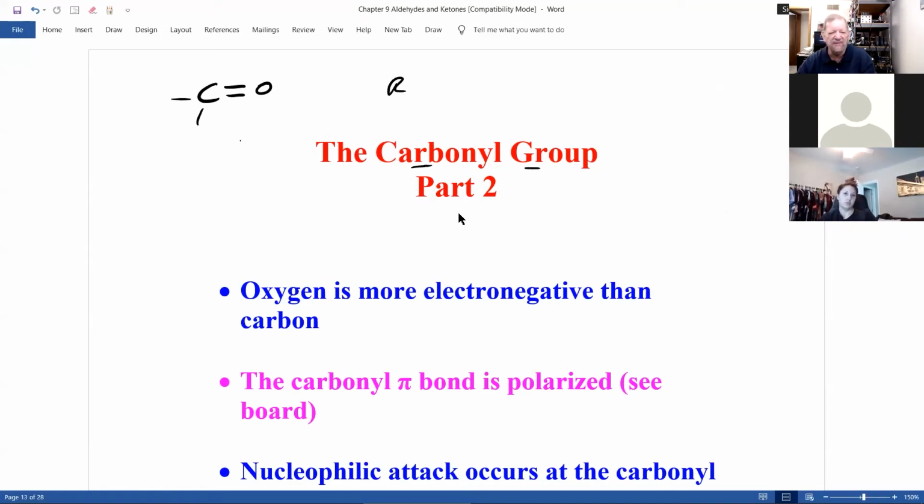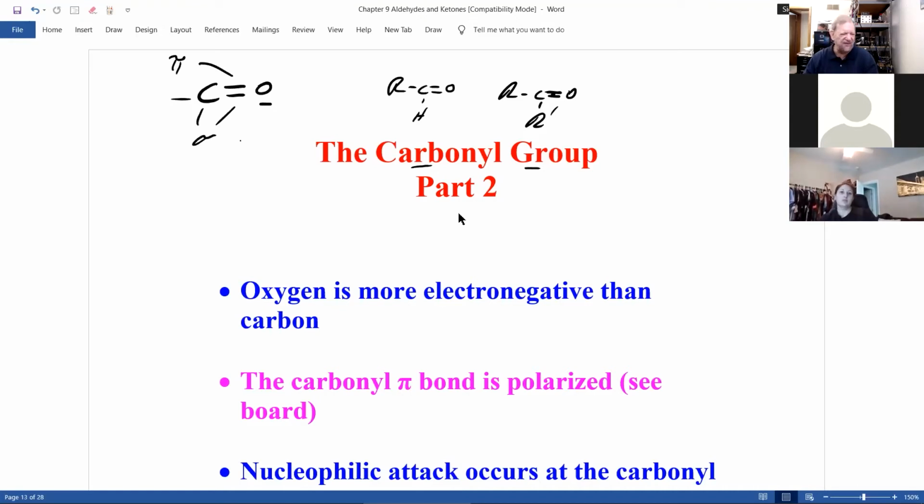And remember, in aldehydes, you have a carbonyl group, and in ketones, you have a carbonyl group. So in the carbonyl group, you have an oxygen, which is more electronegative than carbon. And I'll never ask that on a test. And remember, this has a pi bond and a sigma bond.